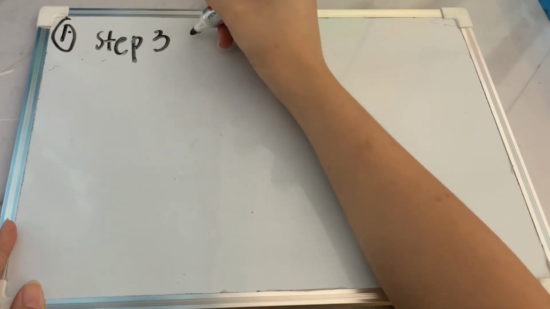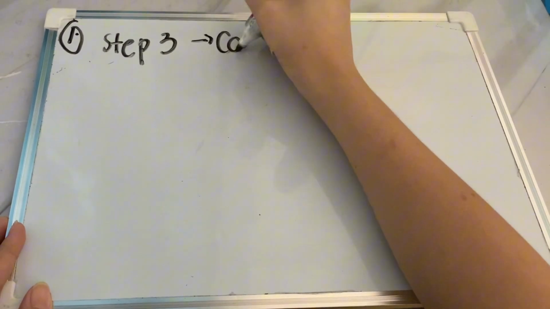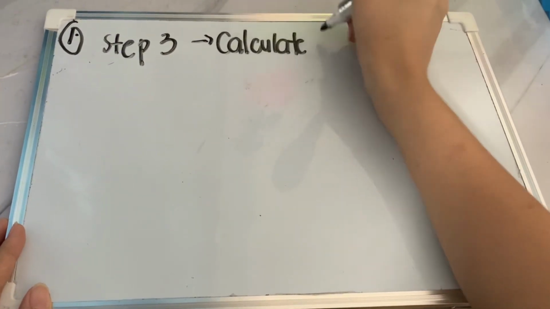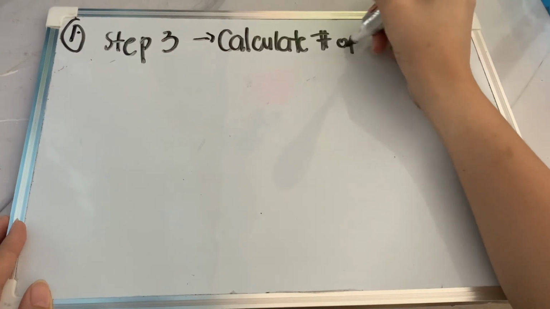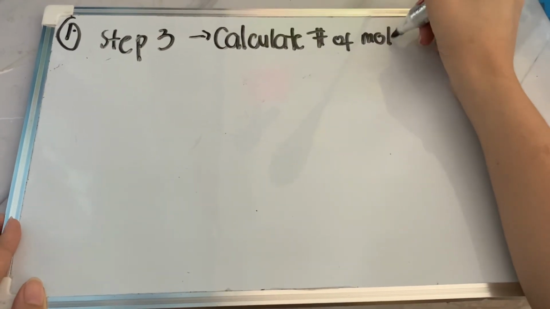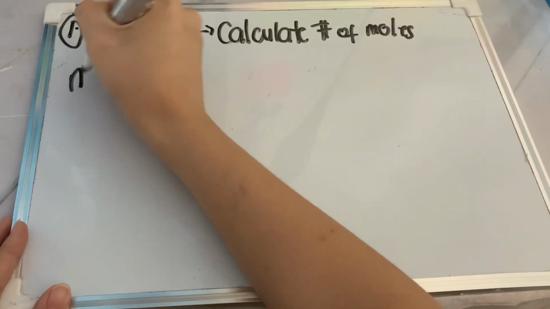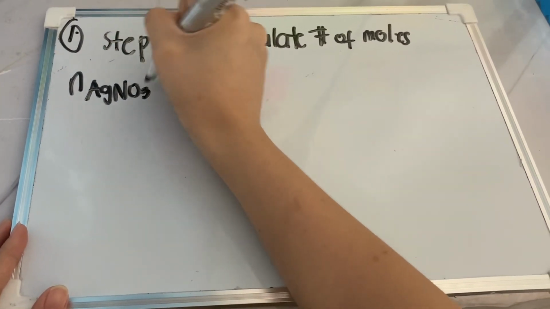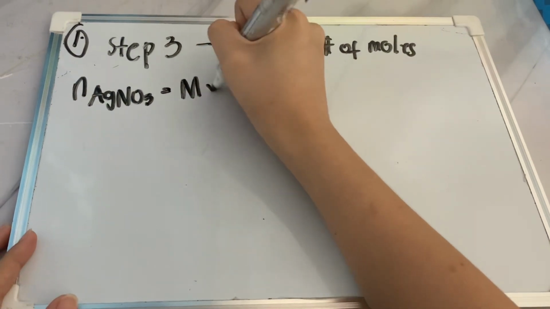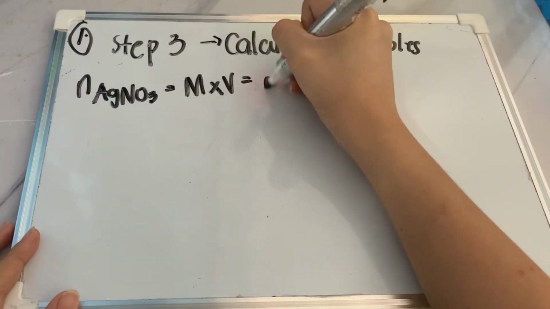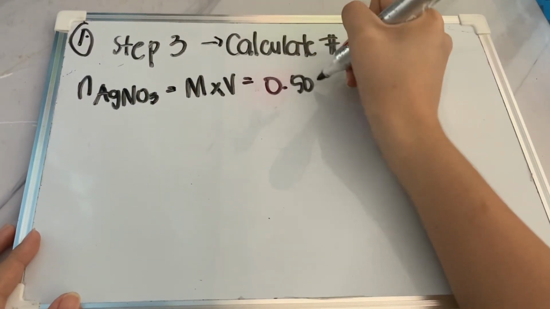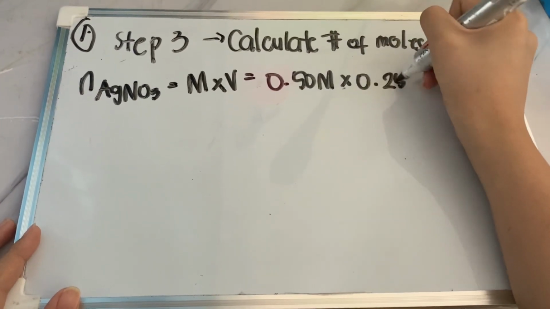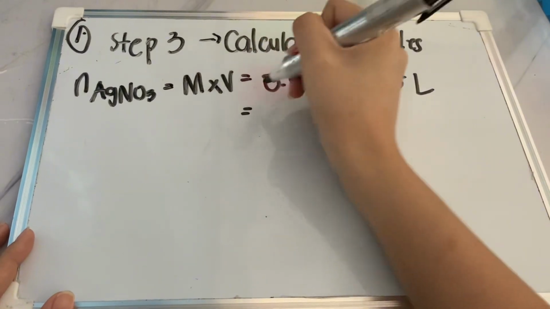Step 3 is to calculate the number of moles of each reactant used in the equation. So n of AgNO3 equals M times V, equals, atong i-substitute, so may makuha nato 0.50 M times 0.025 liters is equal to 0.0125 mole.